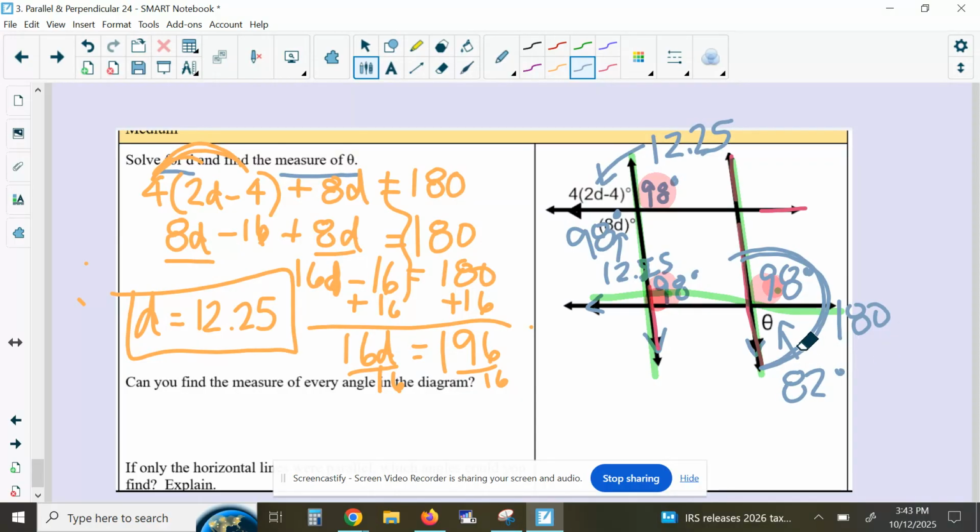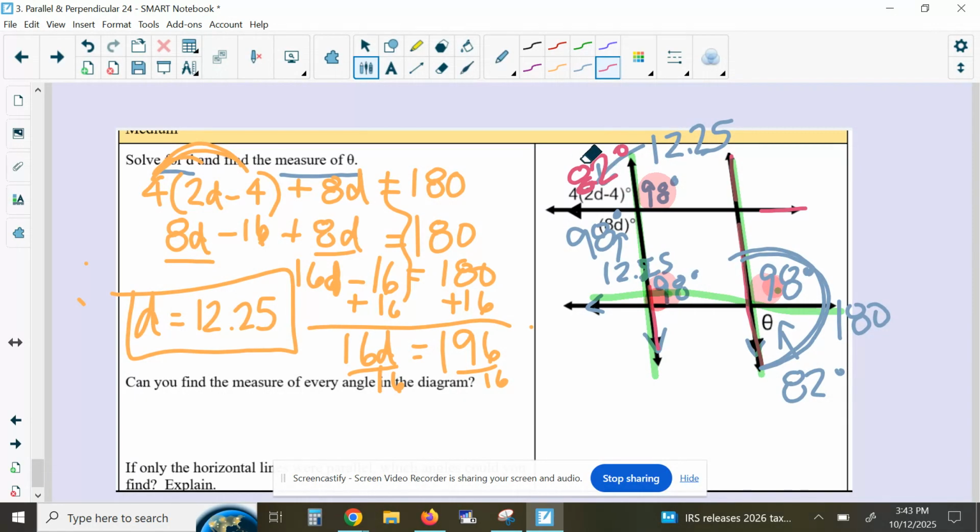Now, there are other ways you could have done this problem. I could have plugged in the 12.25 here. So if I plug that in there, I would get 2 times 12.25, and then minus 4, and then that whole thing times this 4 on the outside. So I would get that this angle up here to be 82 degrees.